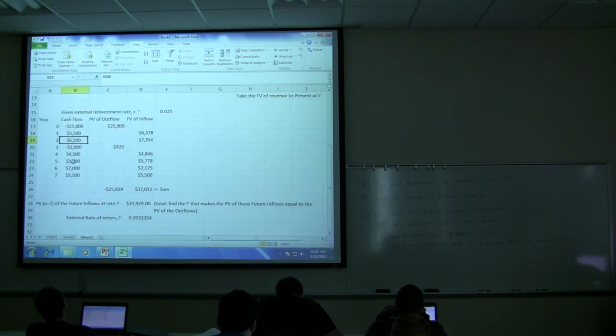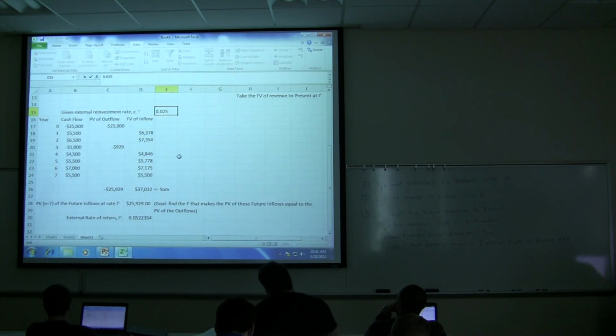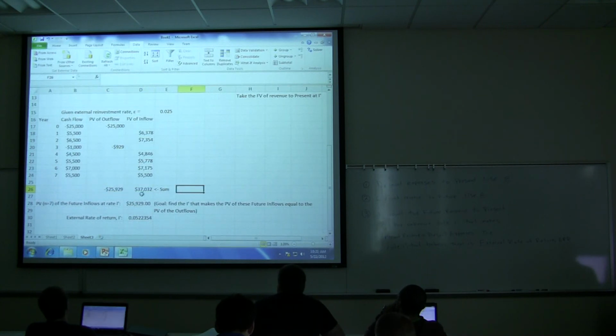Here's my cash flow. I found the present value of the outflow or the expenses, the future value of the revenue, same as the thing above it, and both of those were at the external reinvestment rate. Sum them up, and then I'm converting the inflows that are at the future.